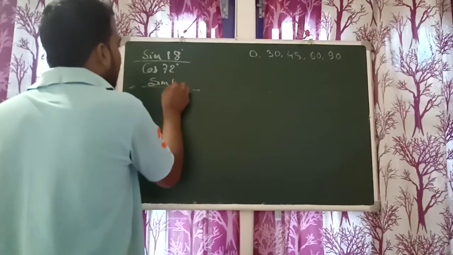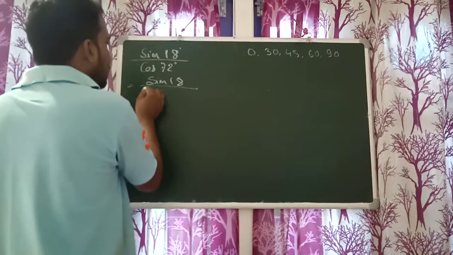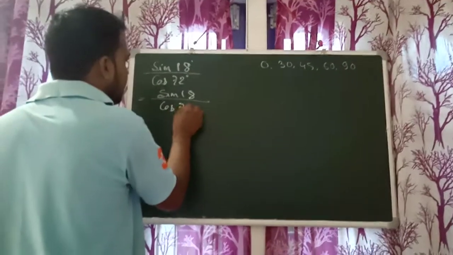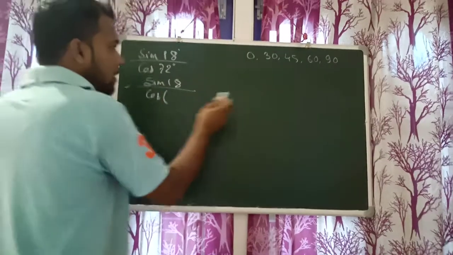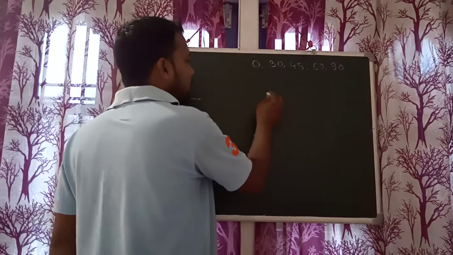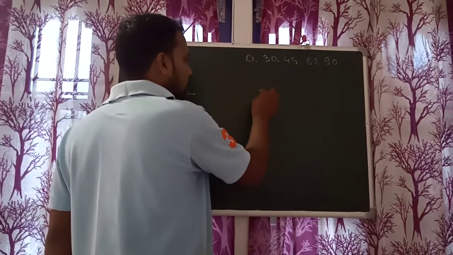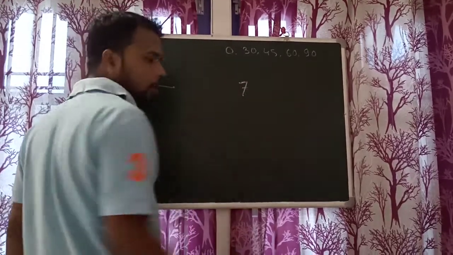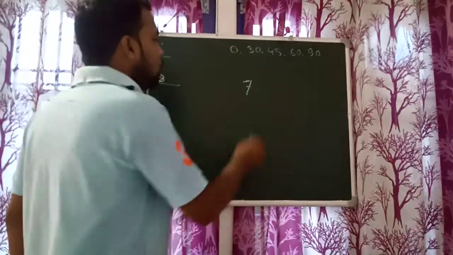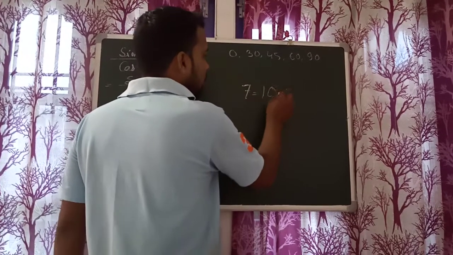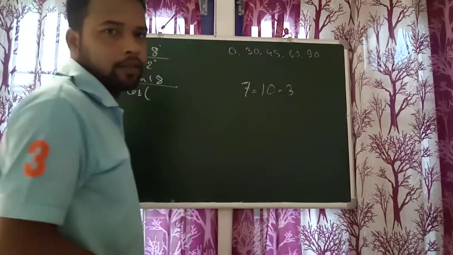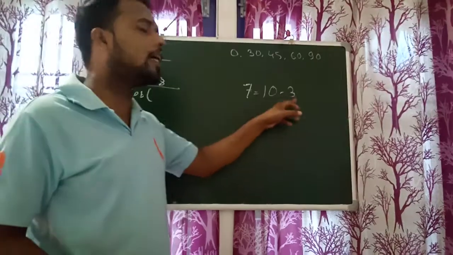Okay, now see, sin 18, we write sin 18, then cos 72. Suppose there is one number, 7. We can write 7 is equal to how much? 10 minus 3.